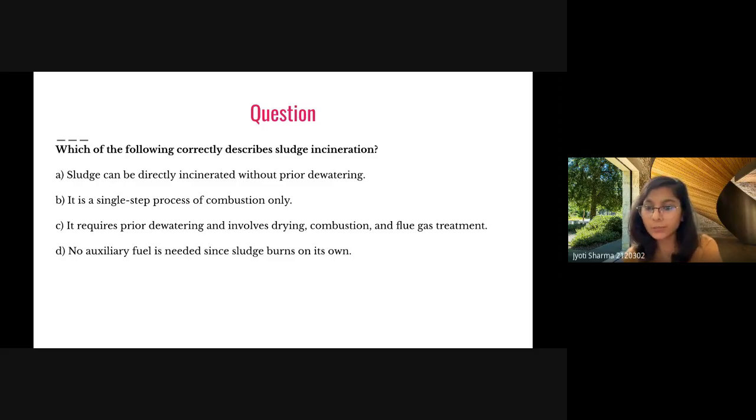Okay, so Priscilla and Sagar gave me C answer. Yes, C answer is the right one, because this is oxidation, and this oxidation is your last step, right? But before that, we need to dewater, and that involves drying, and in incineration, we should have combustion and flue gas treatment as well. So C is the right answer.